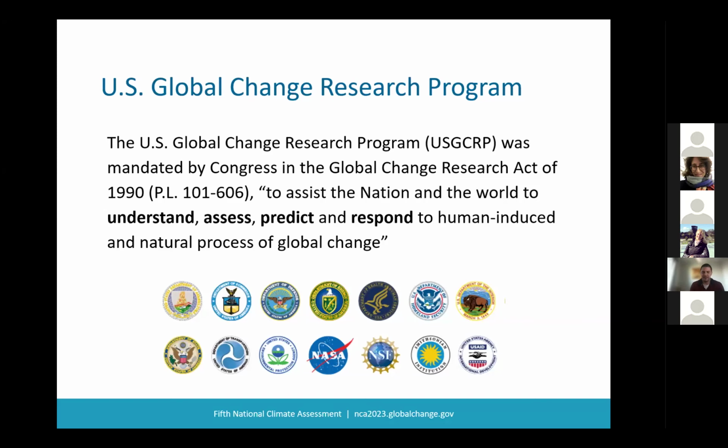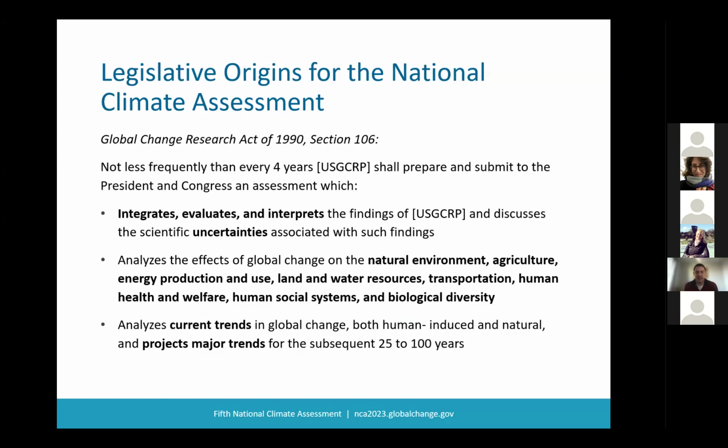The same law that established the program also mandates a periodic scientific assessment known as the National Climate Assessment, or the NCA. The NCA is a quadrennial report that analyzes the effects of global change on several sectors: the natural environment, agriculture, energy, land and water resources, transportation, human health, social systems, and biodiversity.